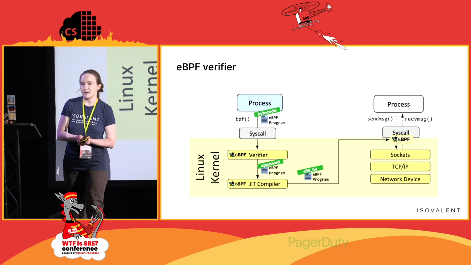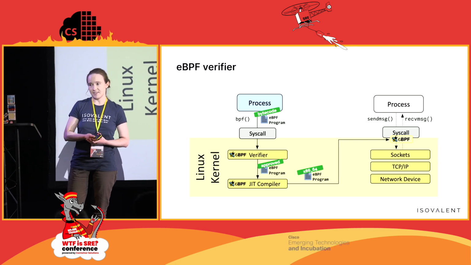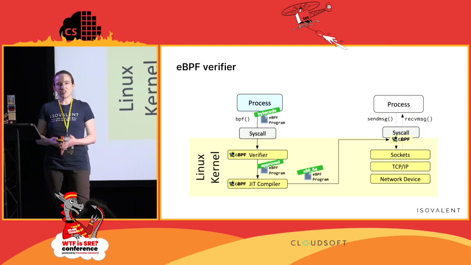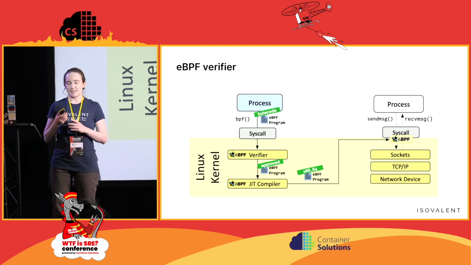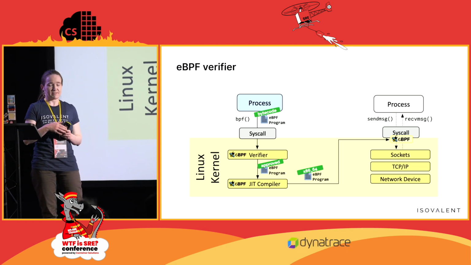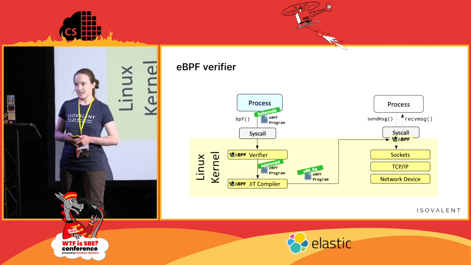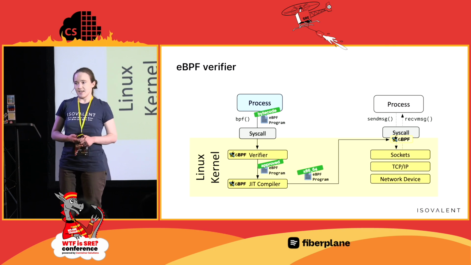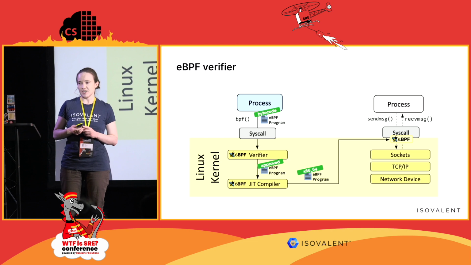With eBPF programs, this is not a concern, because eBPF programs go through a verifier. A verifier is a tool that checks if a program is safe to run, meaning that it doesn't go into an infinite loop, it doesn't access memory it shouldn't access, things like that. When the program goes through the verifier and is accepted, only then is it actually loaded and attached to a certain event.